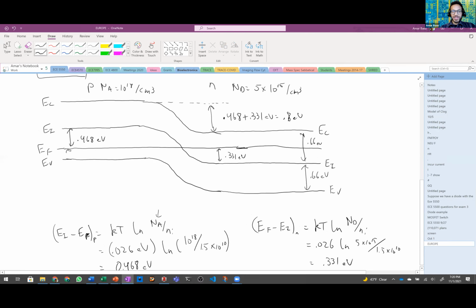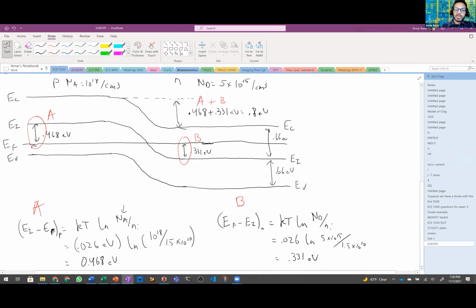So that's the main thing I wanted you all to see by going through this exercise: if we label this distance here A, and this distance here B, and you know how to calculate those, the energy barrier, which allows you to calculate the built-in potential, is just A plus B. So this gives us an energy barrier of 0.8 electron volts.